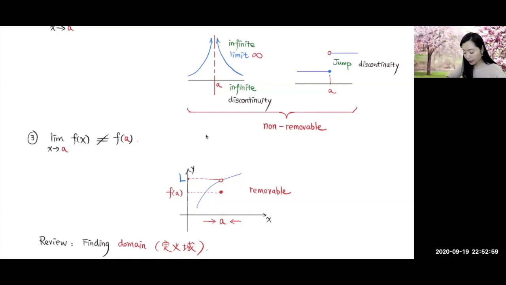However, this limit and f of a are not equal, so this function is not continuous at this a. You can see on the graph there is a break over here. This is a removable discontinuity because you can fill in this single dot here to go from one side to the other side of the graph.